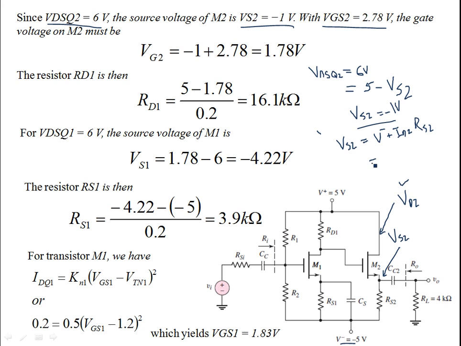V negative is minus 5 volts, and you remember that ID2 was 0.5 milliamps and RS2 was 8 kilo ohms. That's what we determined. If you multiply these two quantities, you're again left with 4 volts, and the net result is that VS2 is again minus 1 volt. I've done this extra step, it was not required, it's quite evident.